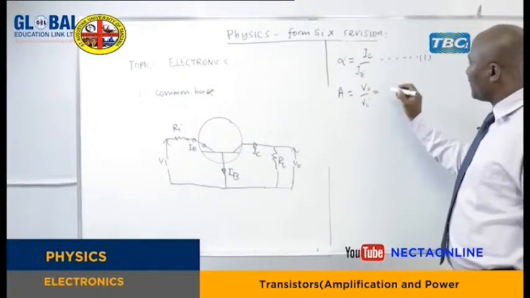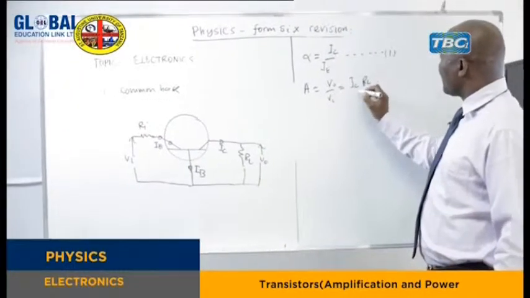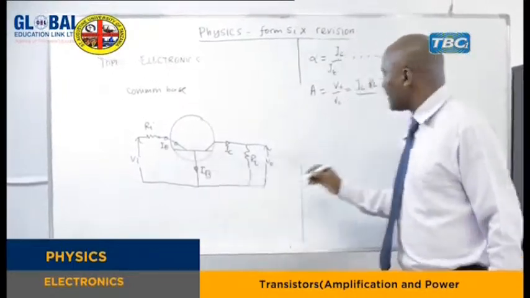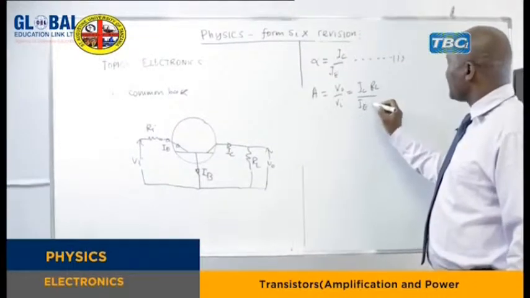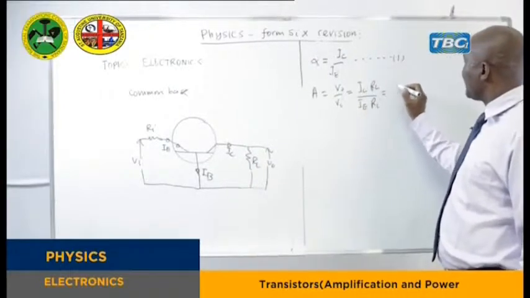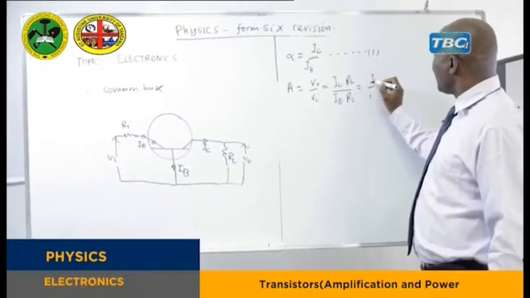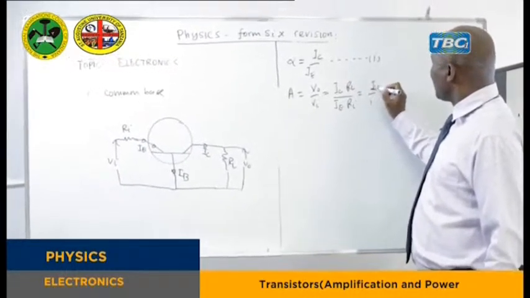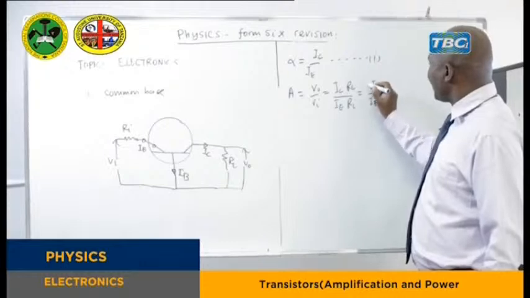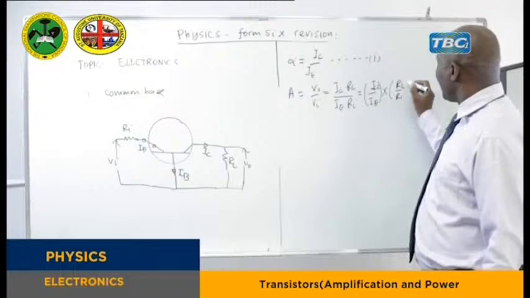On top, for the output, we take the current here times the resistance there, over the input current here times its resistance. This is IE times the resistance RI. So this gives us IC over IE, in brackets, times RL over RI.